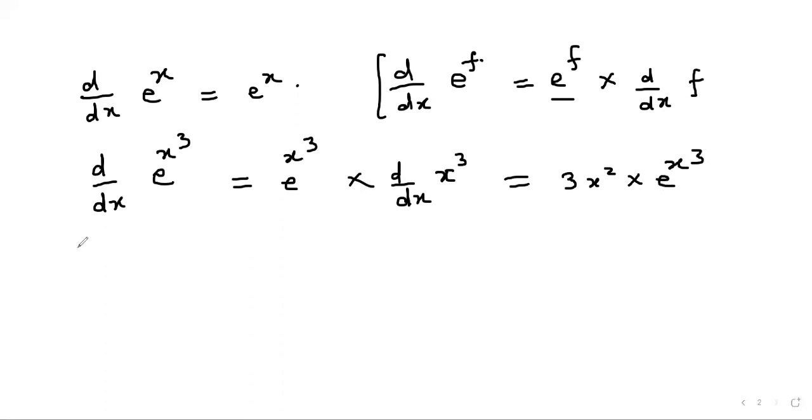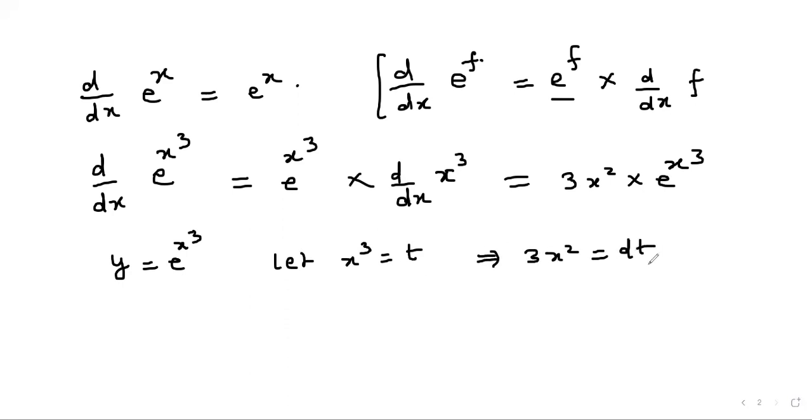We can follow the traditional method also. Let's see how. Suppose we are given y equal to, same question, e power x cube. So let x cube equal to t, then we differentiate it. It becomes 3x square equal to dt upon dx.